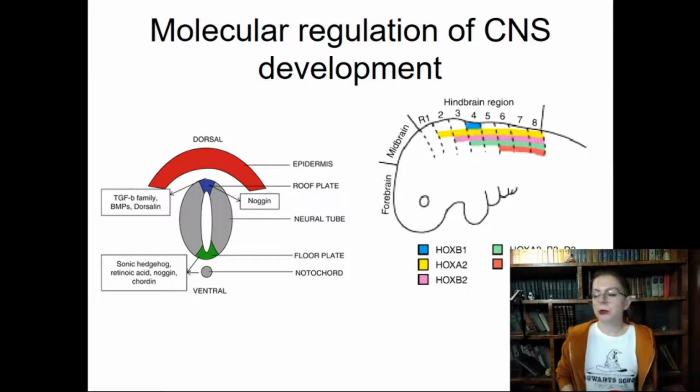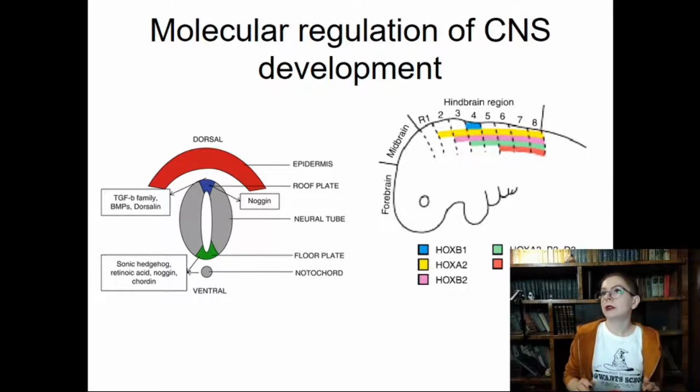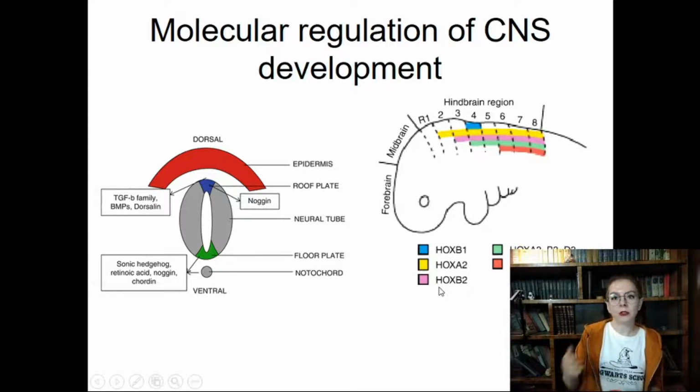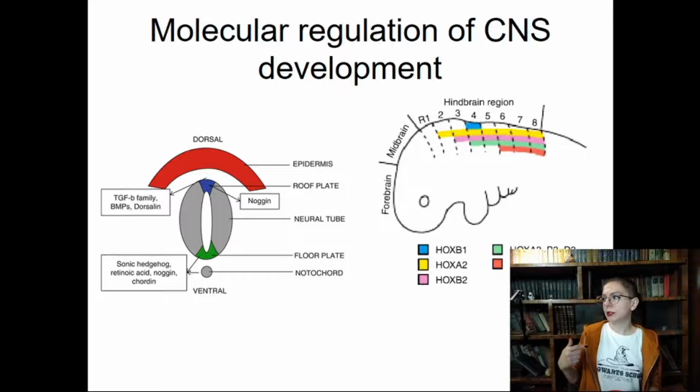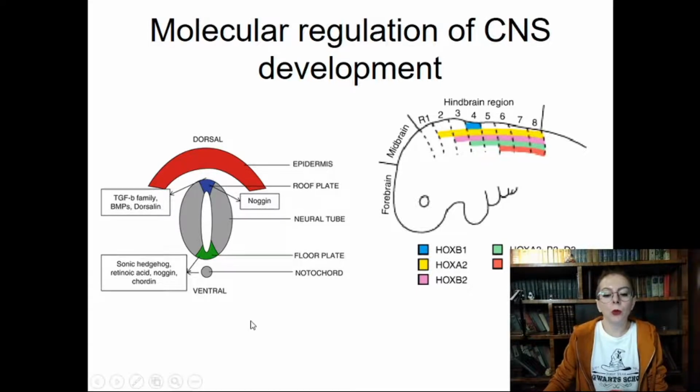What is also important is to say that along the longitudinal axis, those brain vesicles are specified due to the consequent expression of homeobox genes. We have already mentioned those genes in the lecture about embryonic development, digestive system, because along the longitudinal axis, different segments have different specification depending on the type of homeobox gene which is expressed there.